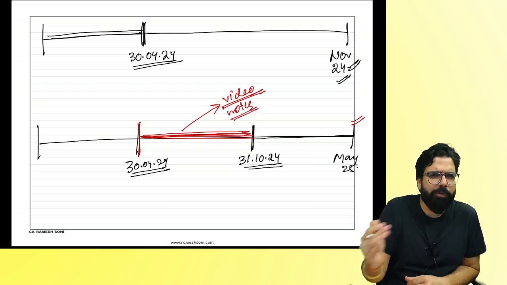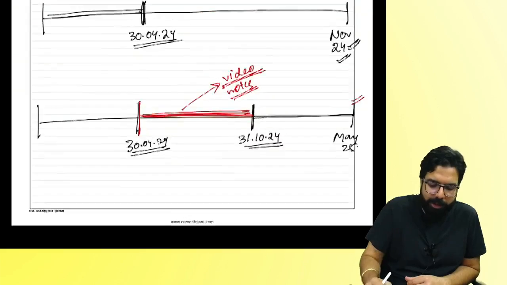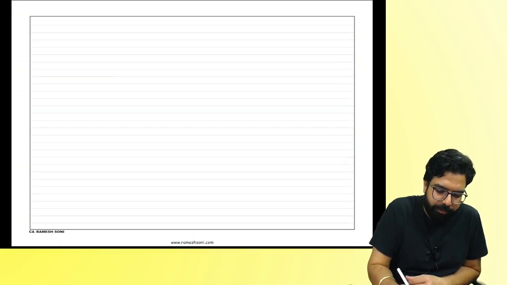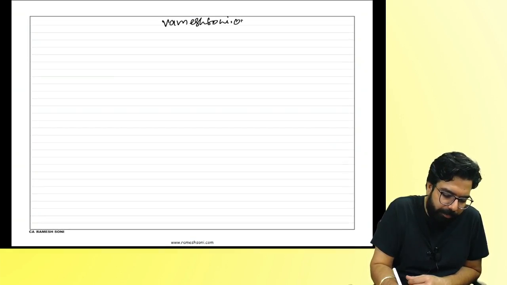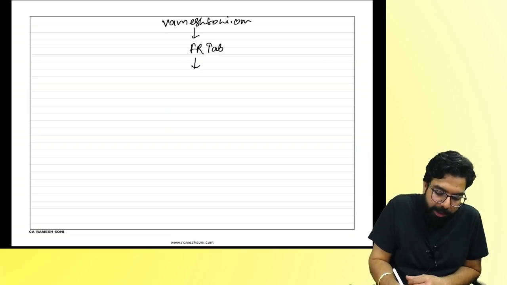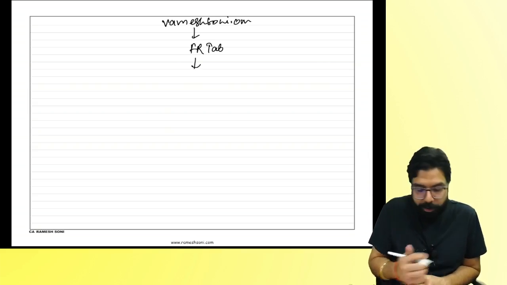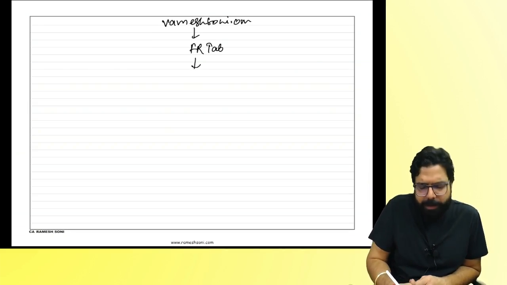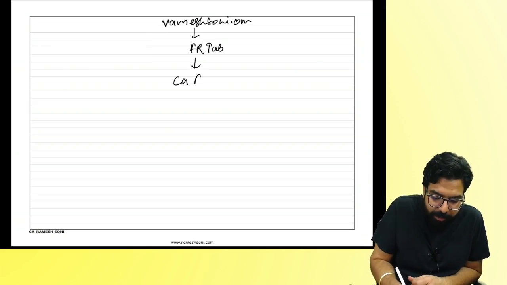You can go to rameshsoni.com. Over here, go to the free resources tab. In free resources, go to CA final, then the November 24/May 25 folder.